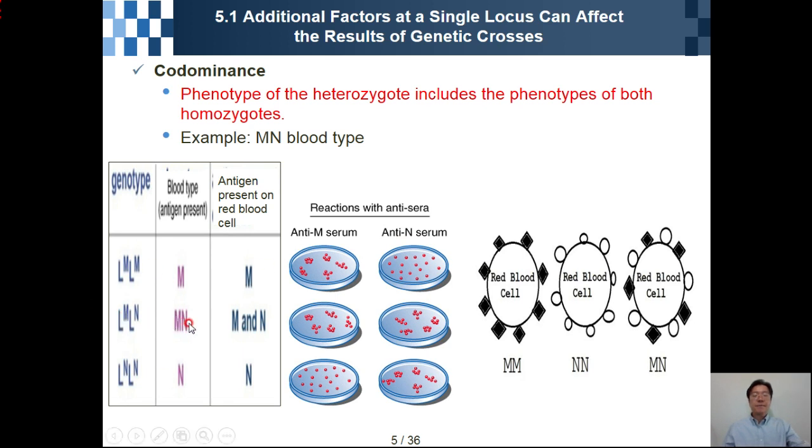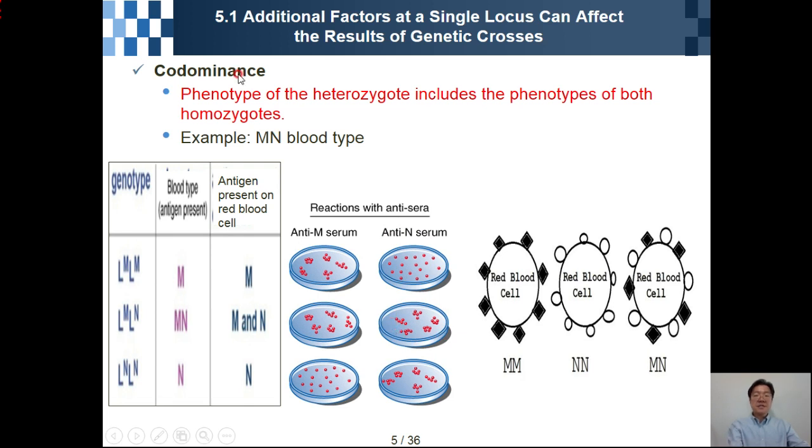So the MN phenotype, the MN blood type. This one is like this because of codominance. They have both types of antigen, so when they react with the anti-M antibody, there is a reaction here, and when they add the anti-N antibody, there is also another reaction like this.